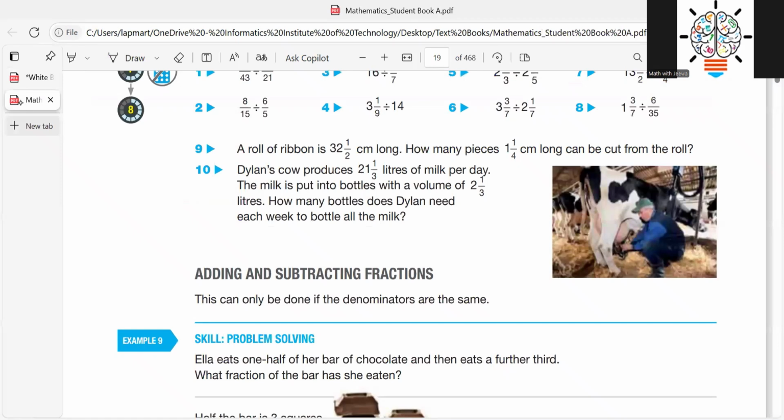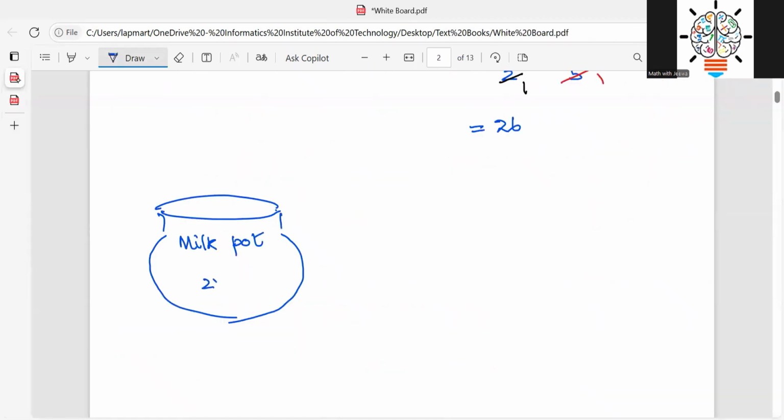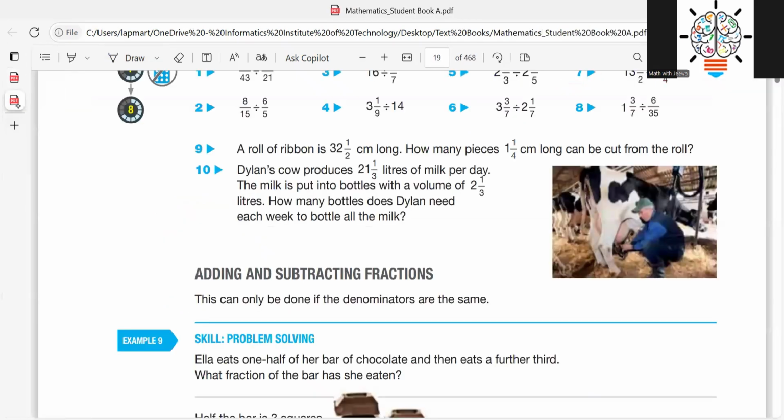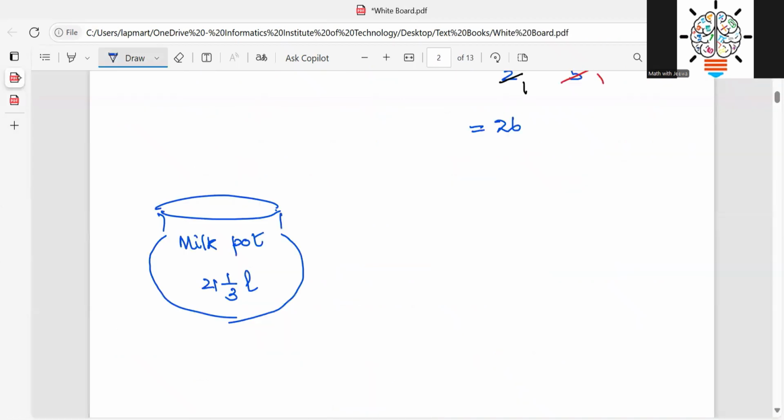How many liters do you have? 21 1/3 liters. Right? It says this milk is put into bottles with a volume of 2 1 over 3 L.